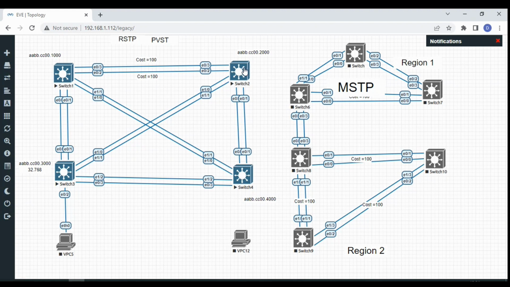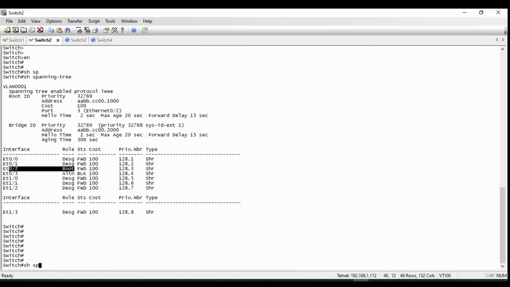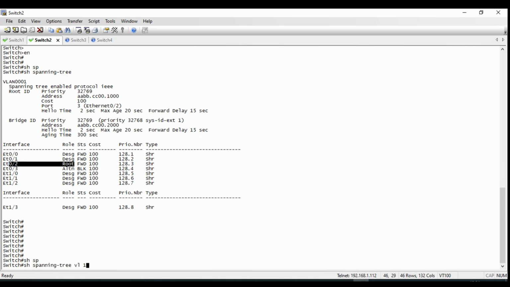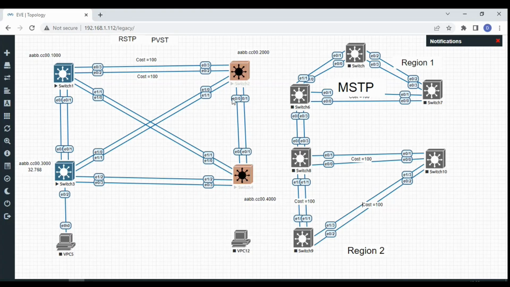Let me go to switch 2, VLAN 1. If you see, this port becomes the designated port, like E0/0, E0/1. Why? Because this port is connected to the secondary lowest BID. See, this is the first lowest BID.